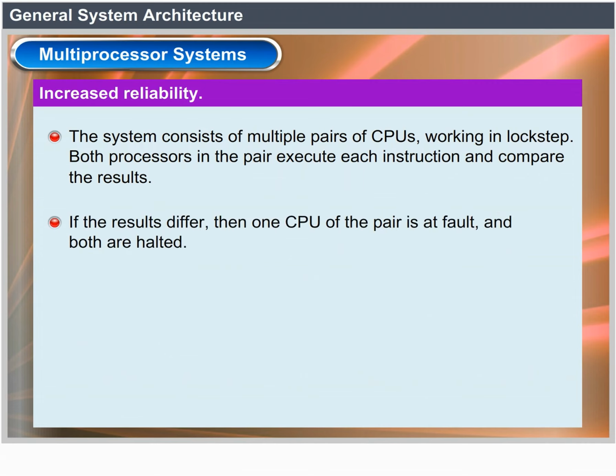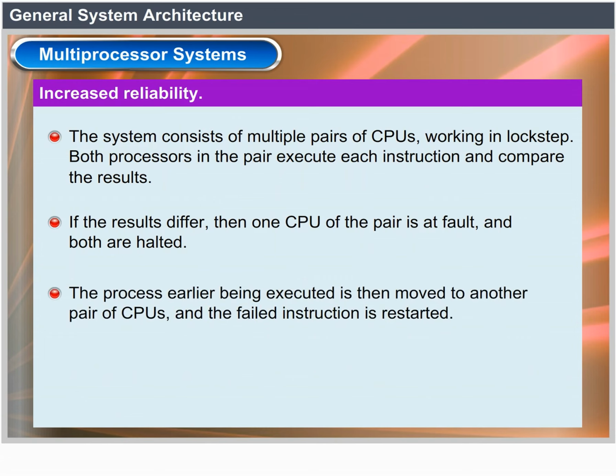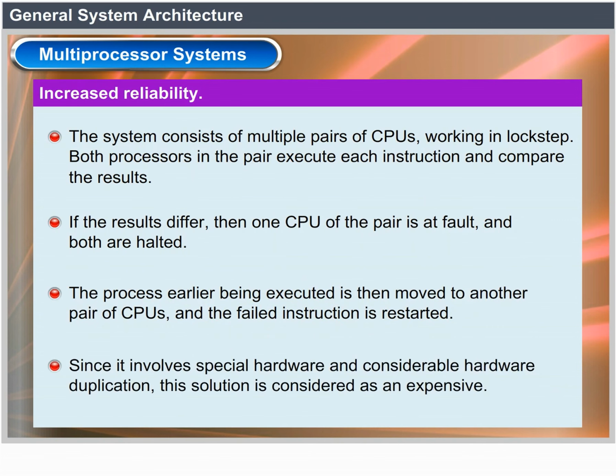If the results differ, then one CPU of the pair is at fault and both are halted. The process that was being executed is then moved to another pair of CPUs and the instruction that failed is restarted. This solution is expensive since it involves special hardware and considerable hardware duplication.